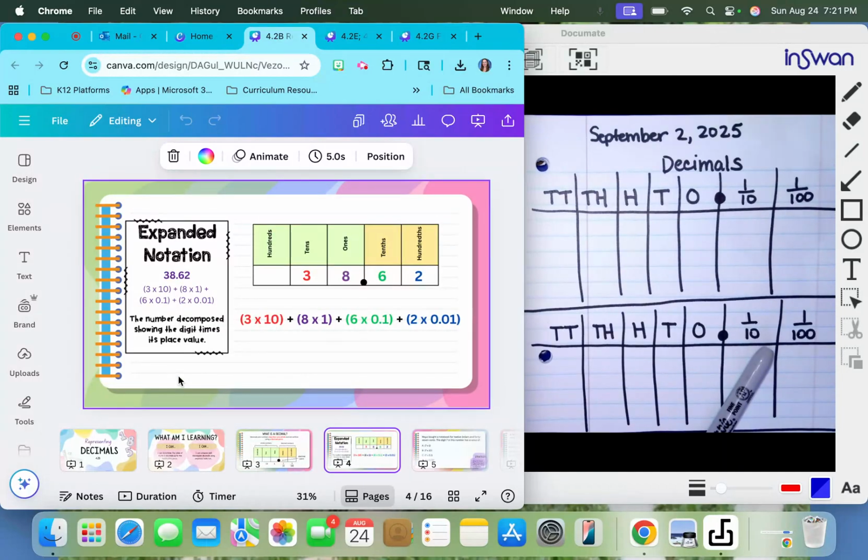Expanded notation of decimals is written and represented in the same way as expanded notation is written with whole numbers. Expanded notation is our number decomposed showing the digit times its value. So here we can see that we have a decimal number, 38 and 62 hundredths, and we can represent that number's value in expanded notation by starting with our tens place.